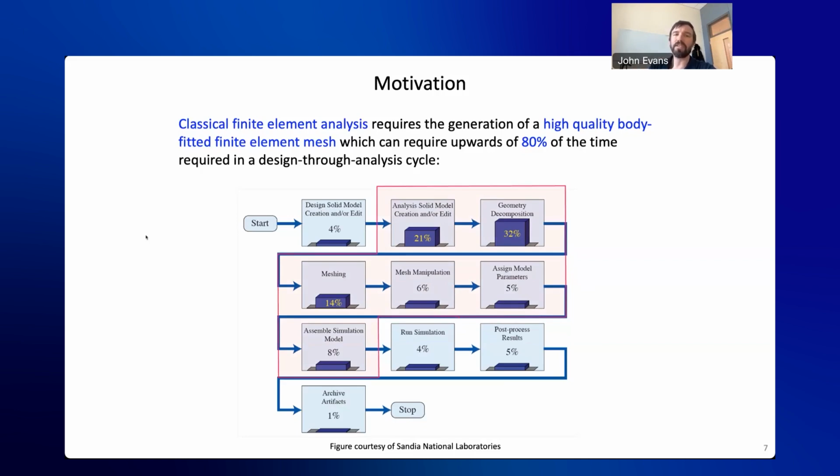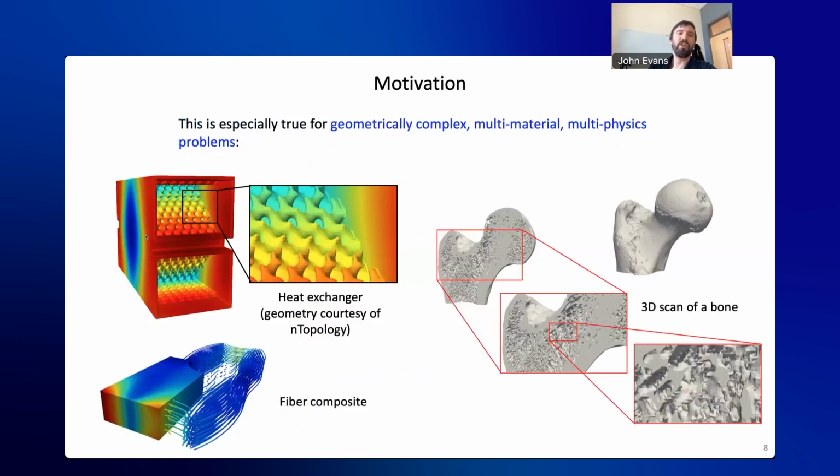But there are many reasons as well why classical finite element analysis sometimes can be a bit challenging. And I should note that generating a high quality, emphasis on high quality, body fitted mesh is particularly difficult.